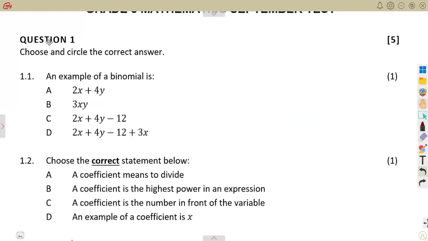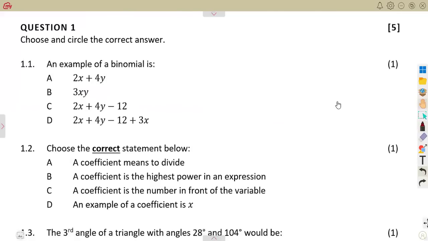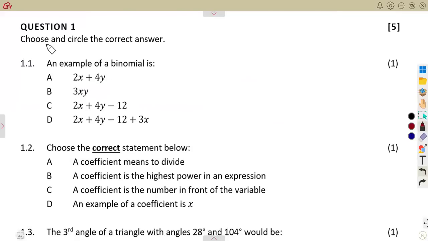All right, so let us quickly rush through our questions. Number one, we are given: choose and circle the correct answer. On 1.1, you're supposed to choose an answer from the answers that we are given. You're given an example of a binomial. Let's start here: binomial, what is it that we are referring to?